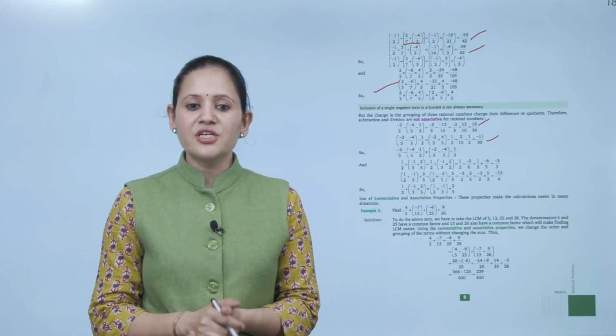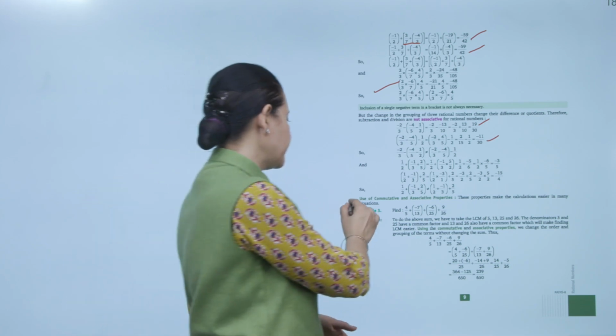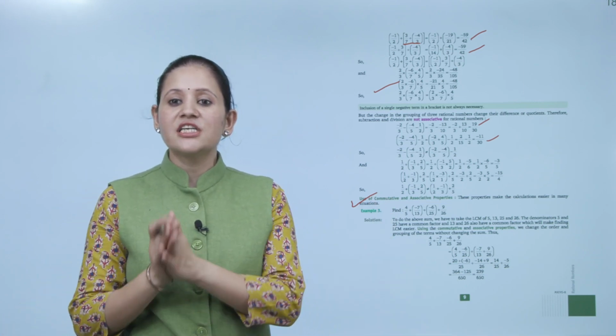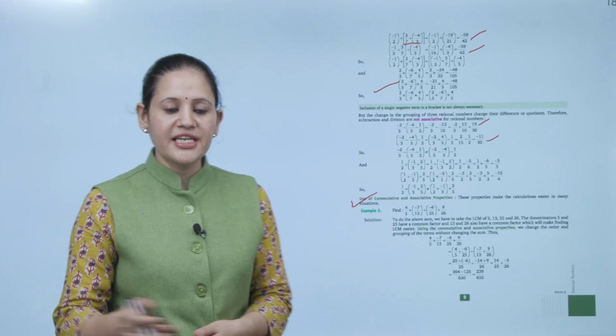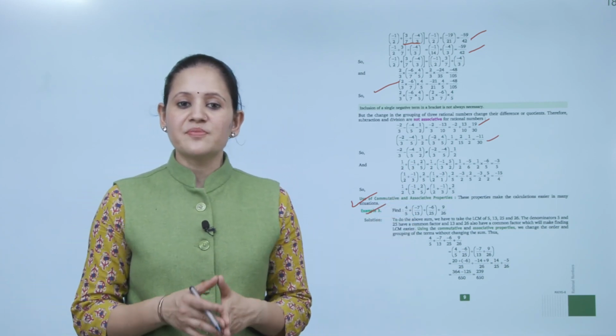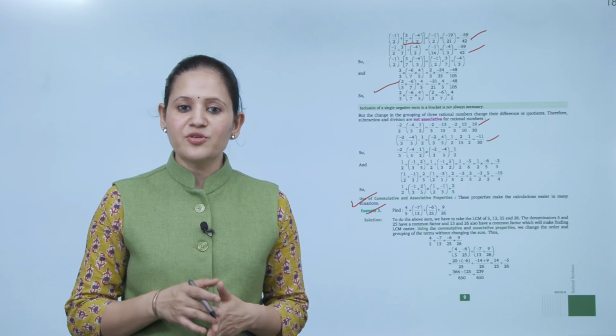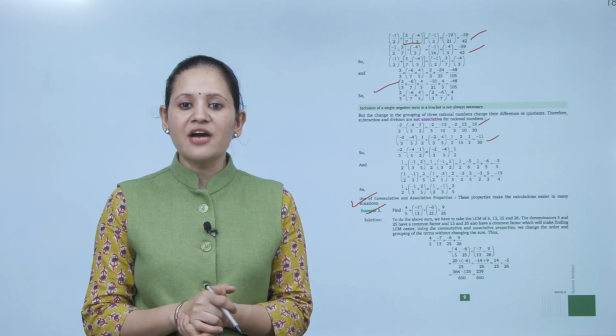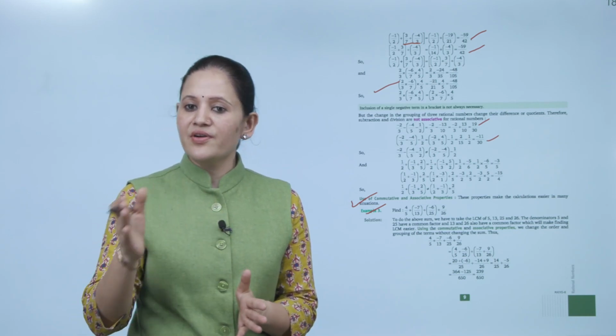Next, use of commutative and associative property. These properties make the calculation easier in many situations. We'll take an example here. Find 4 by 5 plus minus 7 upon 13 plus minus 6 upon 25 plus 9 upon 26. Solution. To do the above sum, we have to take the LCM of 5, 13, 25 and 26.